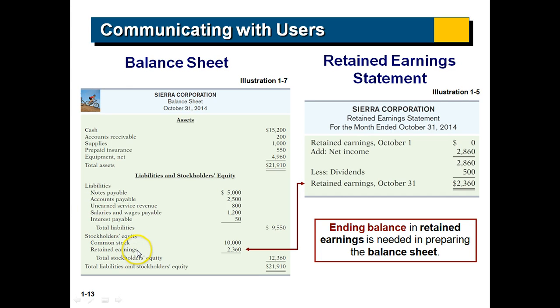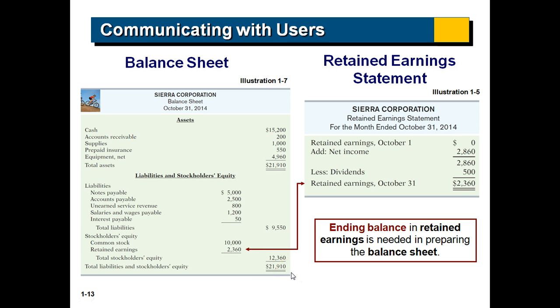Retained earnings represents net income that's been retained or kept in the company. And then we add up stockholders' equity. On the far right, then, we have liabilities plus stockholders' equity and add that up. And then we have our accounting equation. Total assets equals total liabilities plus stockholders' equity.